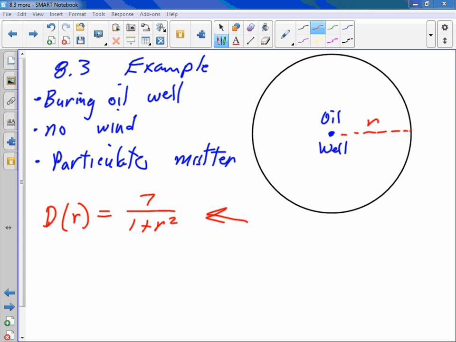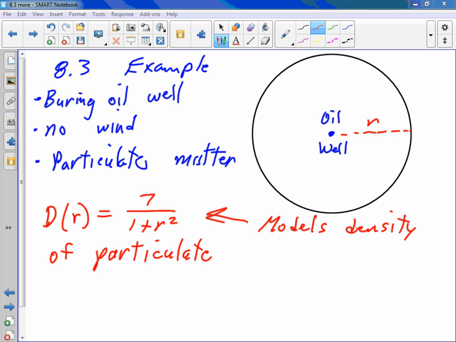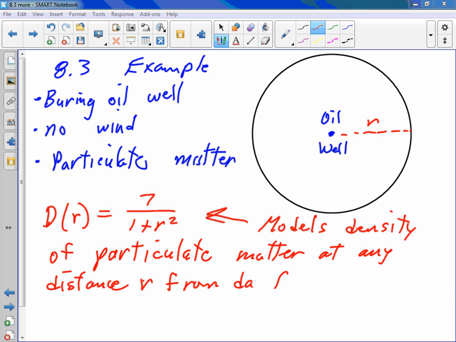And we just say that this models density of particulate matter at any distance r from the fire. Okay.